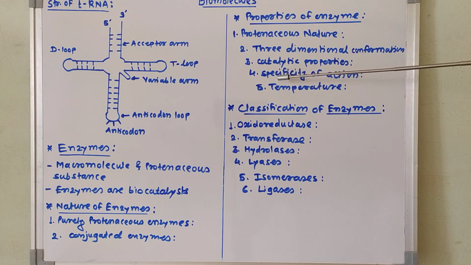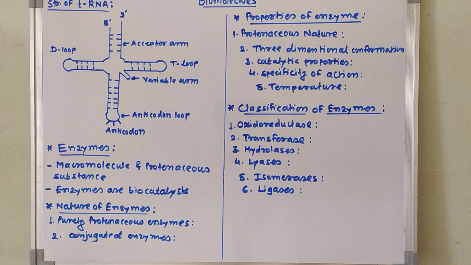Fourth one, specificity of action. The enzyme catalyzes only one specific reaction. It acts upon a specific substrate. Then the next property, that is the temperature. Enzymes are destroyed at high temperature of 60 to 70 degrees Celsius; at low temperature they are not destroyed but become inactive.